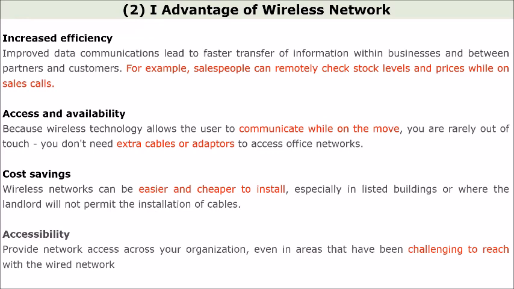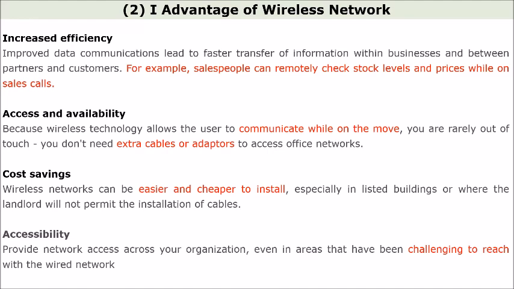Sometimes in your organization, the landlord or owners of your buildings are not allowing cabling. They do not like cables going through their building. Cabling means you have to break down the buildings and cause some damage to the building also. Therefore, those type of things your landlord will not permit.